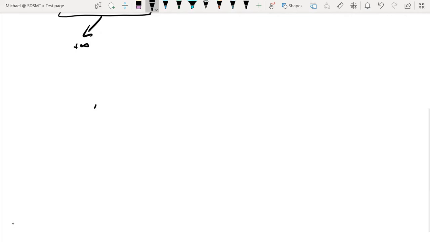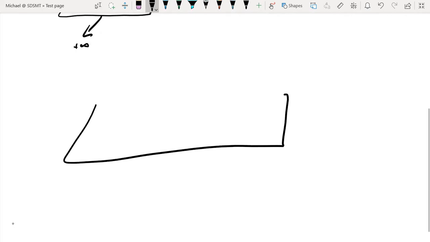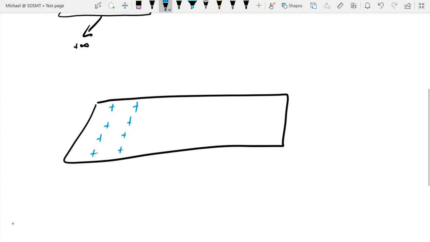All right, so I'm going to draw a large sheet that has uniform charge distribution. That's always going to be our first condition for any of these problems. We want that uniform charge distribution.